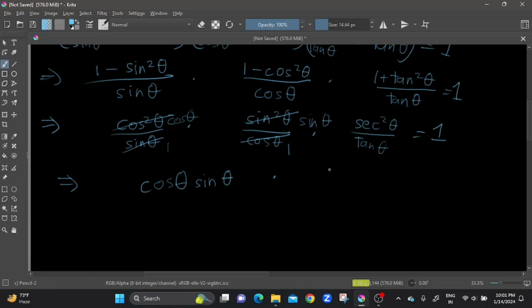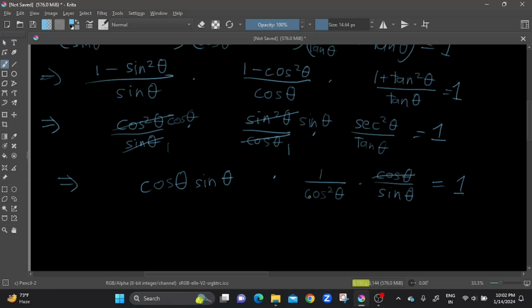Sec square theta we can write as 1 by cos square theta, and 1 by tan theta, or cot theta basically, we can write as cos theta by sine theta, because again 1 by tan theta is cot theta, and cot theta can be written as cos theta by sine theta, is equal to 1, right?